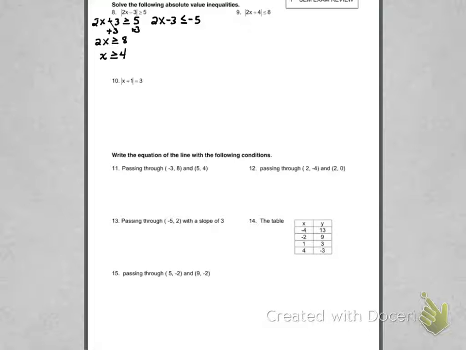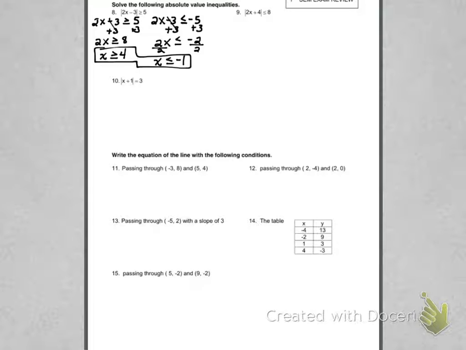Okay. Then for this one, you're going to add 3. But since you're adding it to a negative, 2x is less than or equal to negative 2. Then you divide by 2. Again, we don't have to worry about the sign. So x is less than or equal to negative 1. And so those will be your two answers for that absolute value inequality. Again, the answers will also be inequalities.